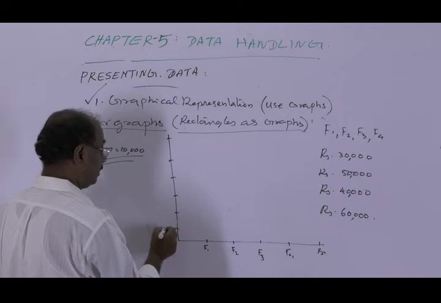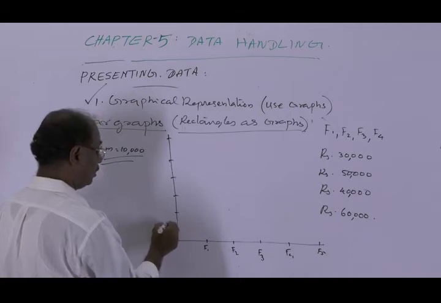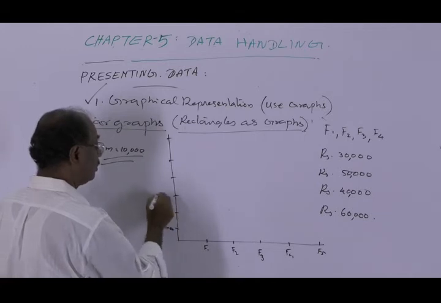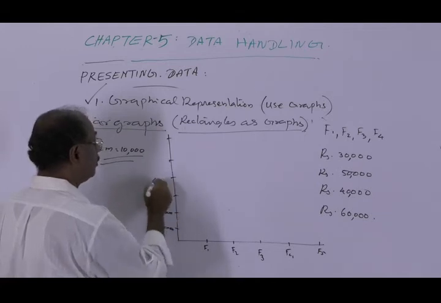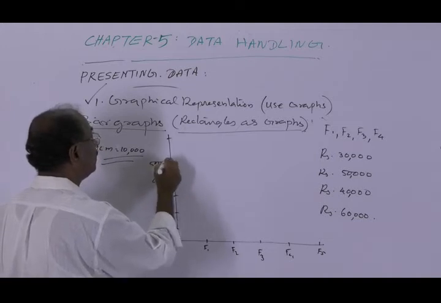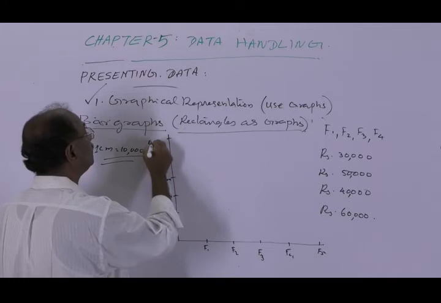So this is 10,000, 20,000, 30,000, 40,000, 50,000 and 60,000.